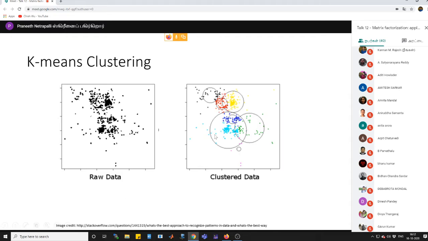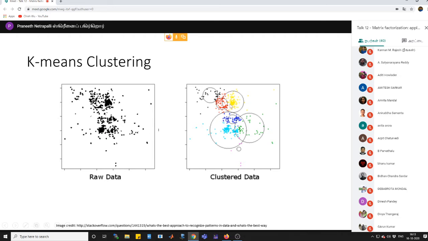The second example is k-means clustering, where we are given a bunch of data points. So we are just given all these black dots, right? And we would like to cluster them, meaning that we want to group data points together so that these data points are close within the cluster and are farther away between clusters. So here, when we cluster the data, we may color them with different colors.